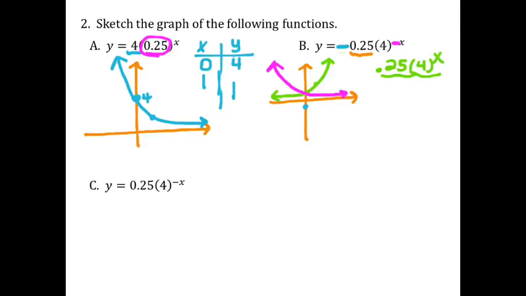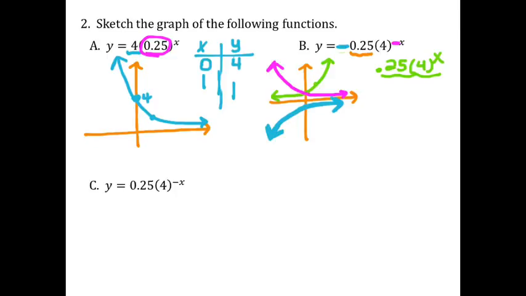Now let's consider this negative in front of the whole thing. If my whole function is negative, then that takes the graph and flips it, or reflects it, over the x-axis. And so my final graph here is this blue one. And this one is actually our answer.